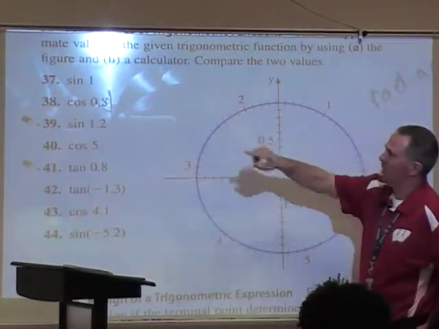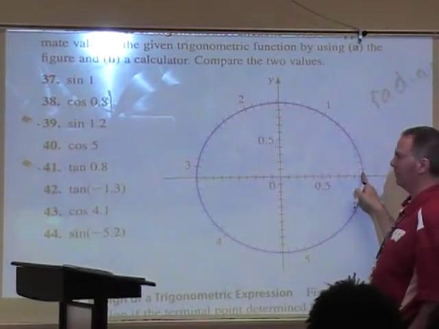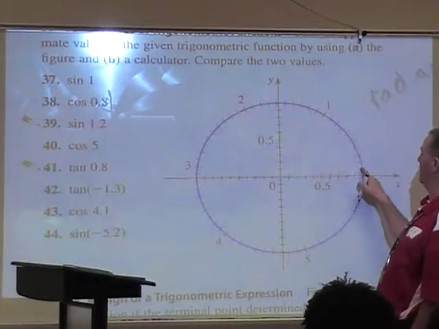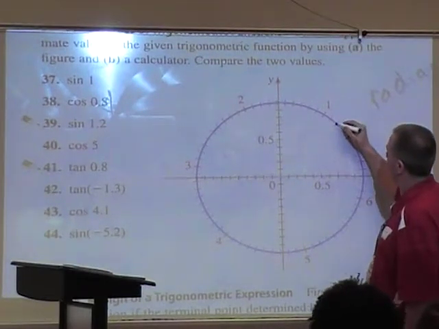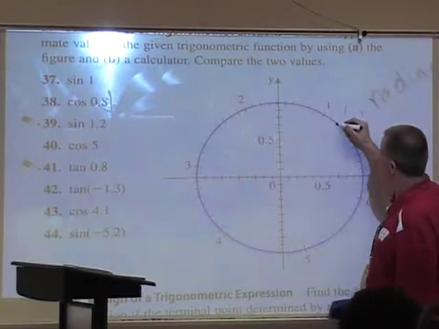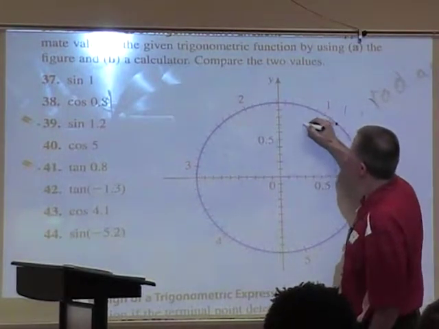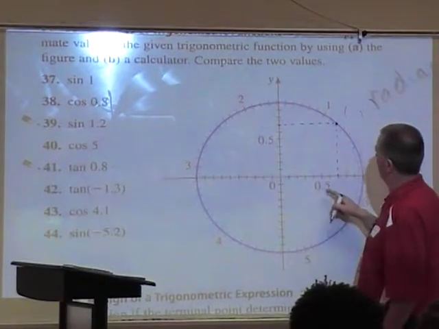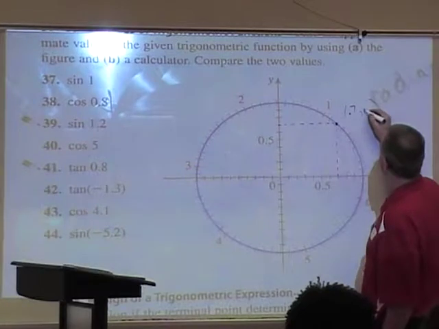Let's make a really good guess. If we're on number 38, 0.8, so we go up the unit circle, 0.1, 0.2, 3, 4, 5, 6, 7, 8, right here. So if I want this coordinate, I need to know the x value and the y value. It looks like my x value is 0.7, and my y value is 0.7.